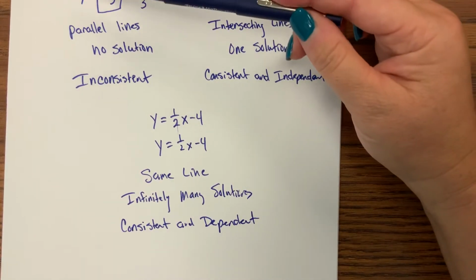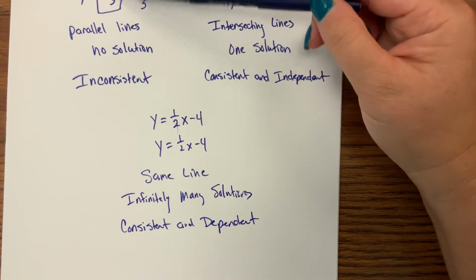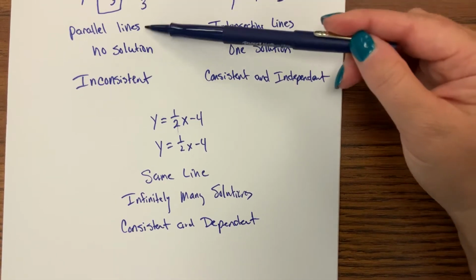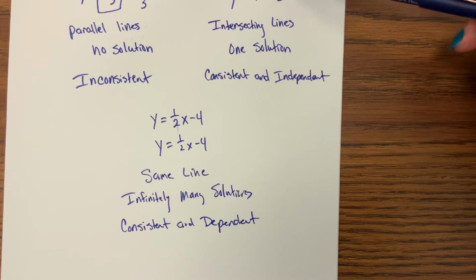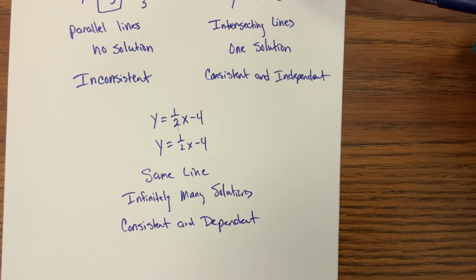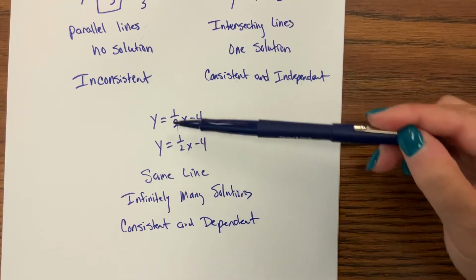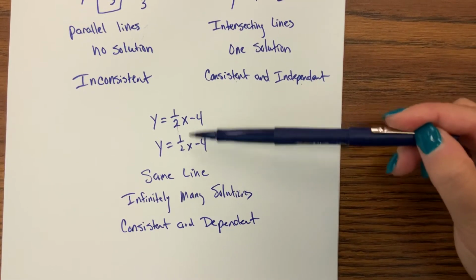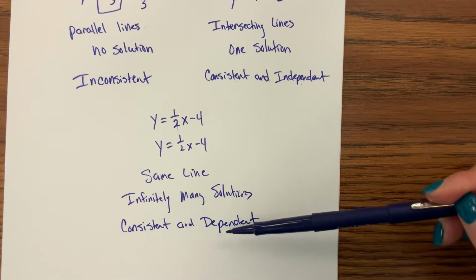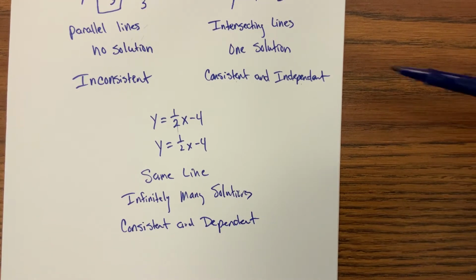And then if their slopes are the same, but y-intercepts are different, then it's inconsistent. If they're just two completely different lines, then they are consistent and independent. If the equations end up being identical, then it's consistent and dependent. So that's what you're going to do on slide 3.